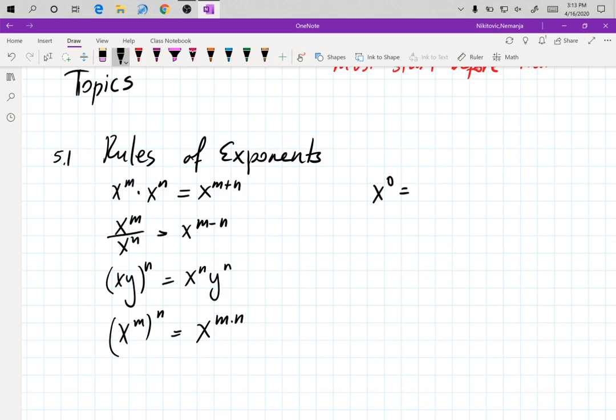A value raised to 0 is 1. A value raised to the first power is the same value. (x over y) raised to the n is x to the n divided by y to the n.